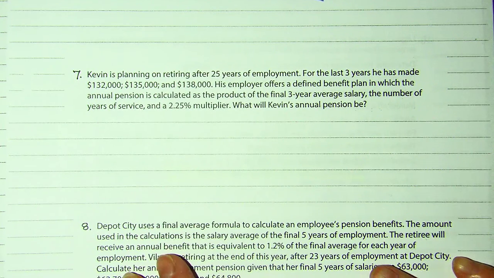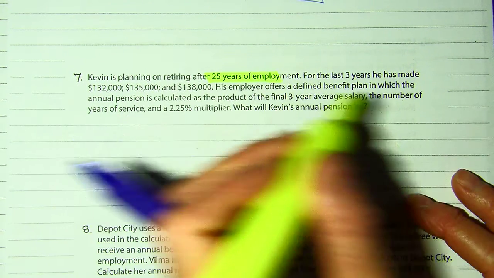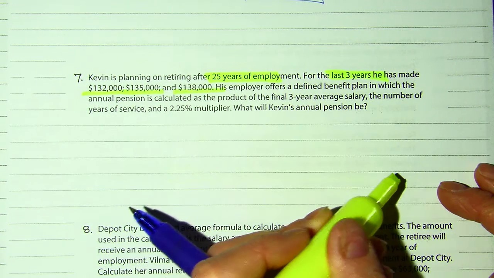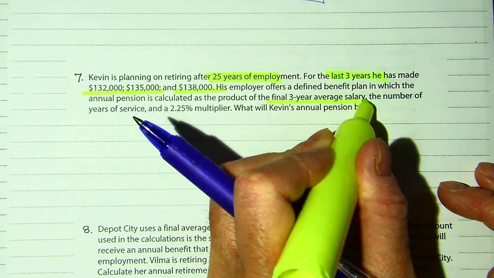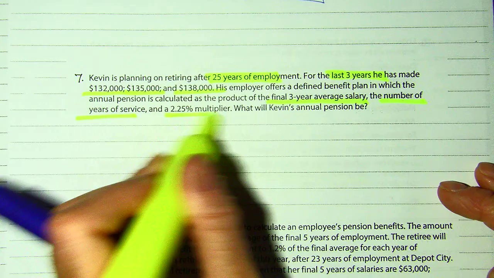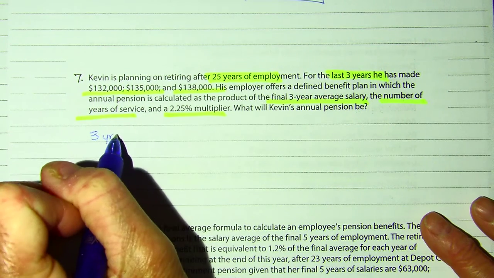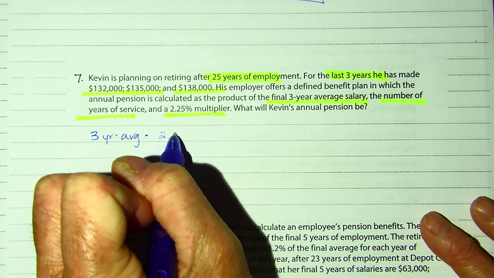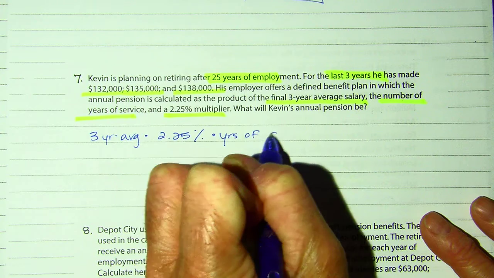Number 7, Kevin is planning to retire after 25 years. Here are the last 3 years, so 132, 135, and 138. His employer calculates a final 3 average times the number of years of service times a multiplier. So he gets his 3-year average times 2.25% times years of service.